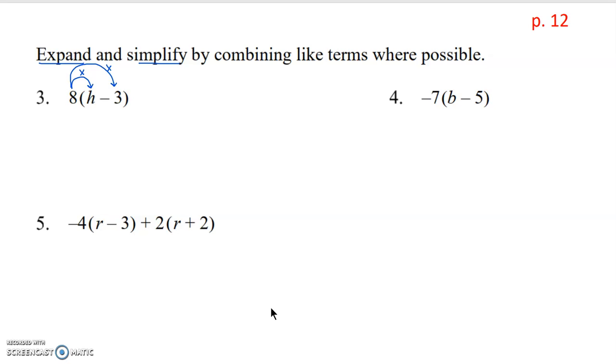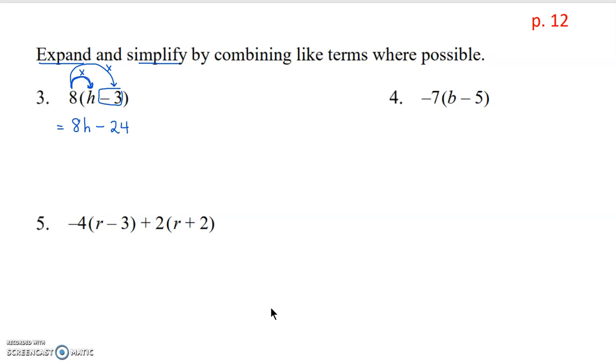And when we do that, it's just as good as if we actually could do h minus 3. So the first term, 8 times h, that's like 8 times 1h, so that's just 8h. And the second term, we have 8 times negative 3, and 8 times negative 3 is negative 24. So that's simplifying it. We can't do anything more because we have an 8h, and then minus 24, there is no h. So we're done here in terms of how much more we can simplify.